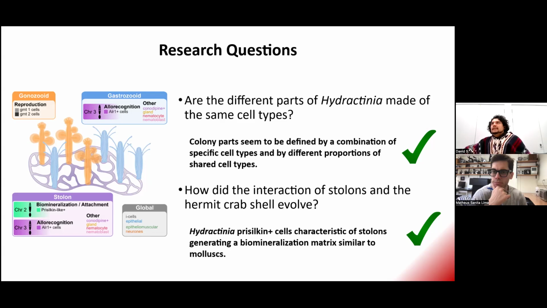The other thing is that at the beginning of the colony, there seems to be a molecular gradient of gene expression. So it's similar to an organizer, like an anterior-posterior organizer in other organisms, and it seems to be working with Wnt A, I think.